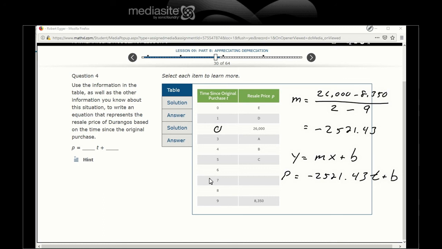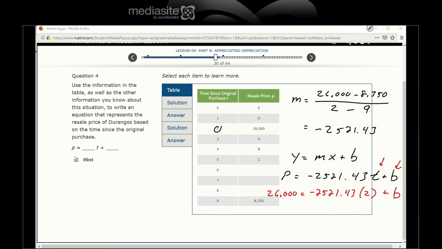So basically, as t varies, it's going to subtract or add from this base, this y-intercept of b, when t equals 0. I know when p is 26,000 at t equals 2, and plugging those values in makes that equation from 3 variables based on just one unknown variable, b.